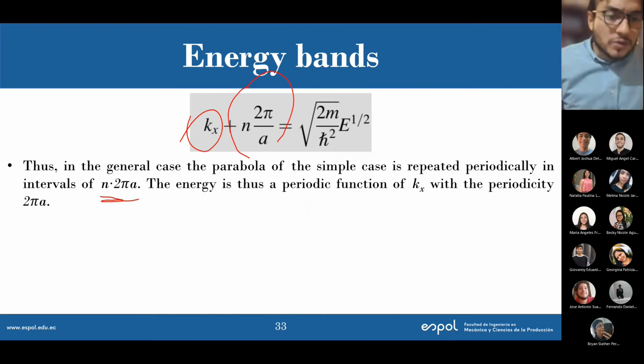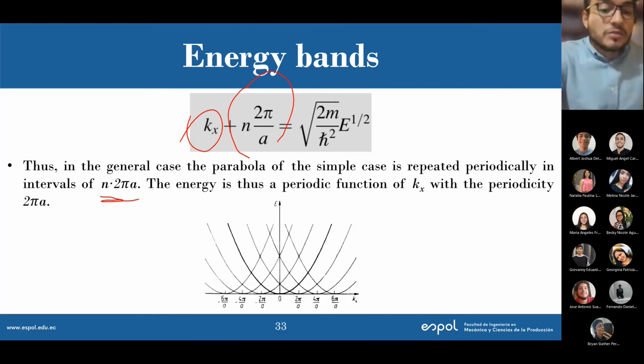If we plot this with the periodicity consideration, it would be something like this, and it keeps going and going.